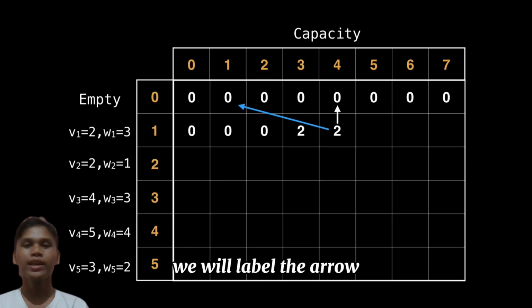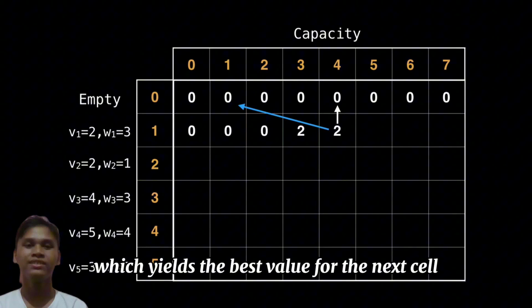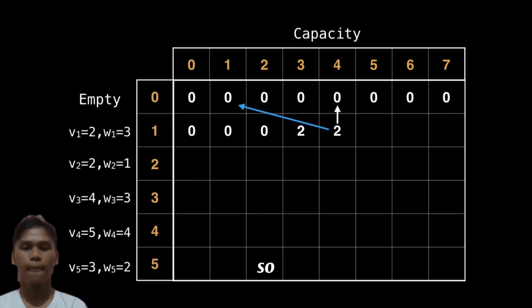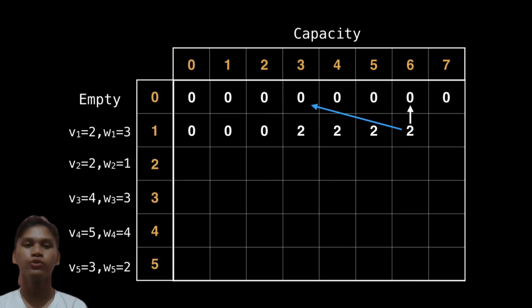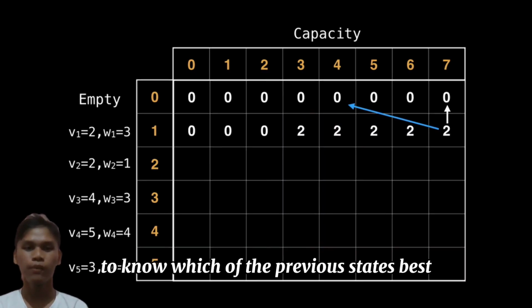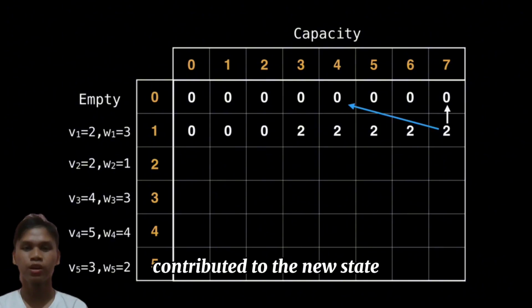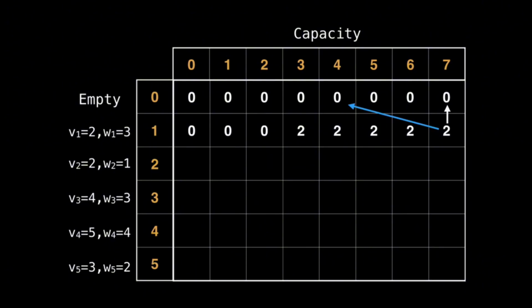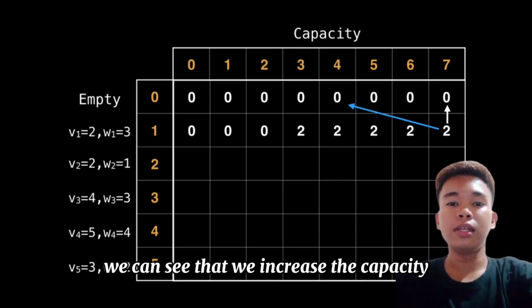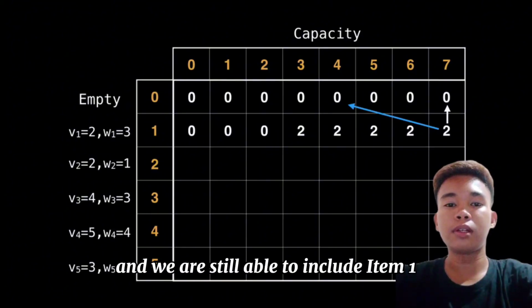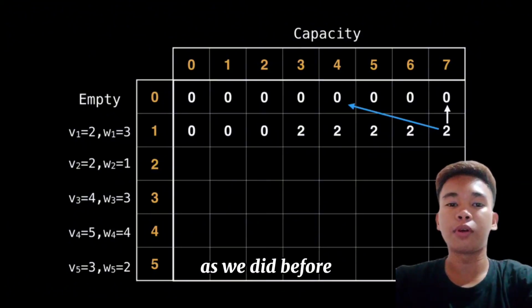We will label the arrow which yields the best value for the next cell in blue. So let's keep our attention focused on the blue arrows to know which of the previous states best contributed to the new state. Now, moving along, we can see that we increased the capacity and we are still able to include item 1 as we did before.